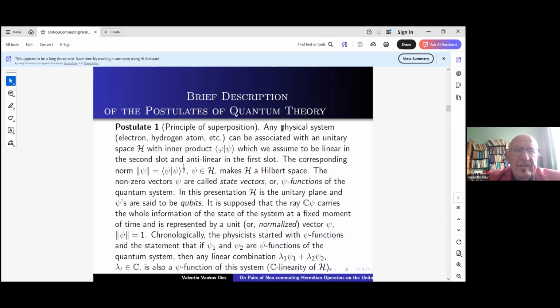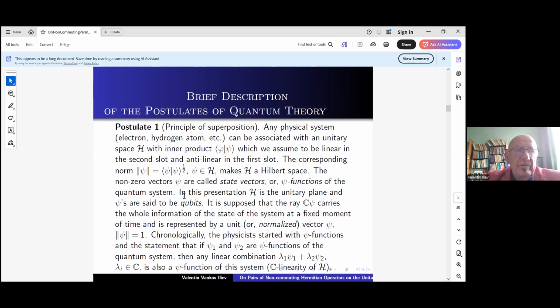Axiom one is the principle of superposition. Any physical system, electron, hydrogen atom, and so on, can be associated with the unitary space H with inner product denoted in this way. This is the Dirac notation. We assume that it is linear in the second slot and anti-linear in the first slot.